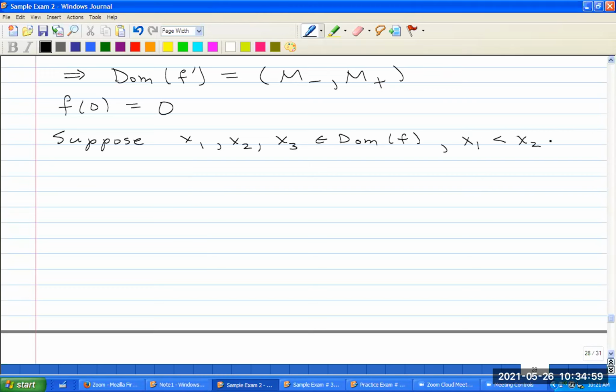Let's suppose that x1 is less than x2 is less than x3. And let's suppose that f of x1 is 0, f of x2 is 0, and lastly, f of x3 is 0. So suppose on that.